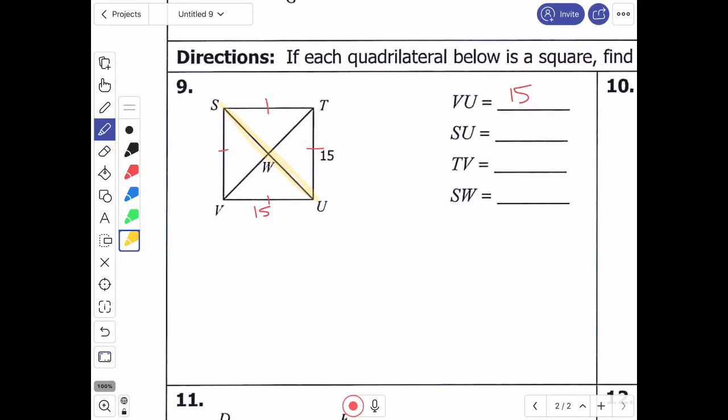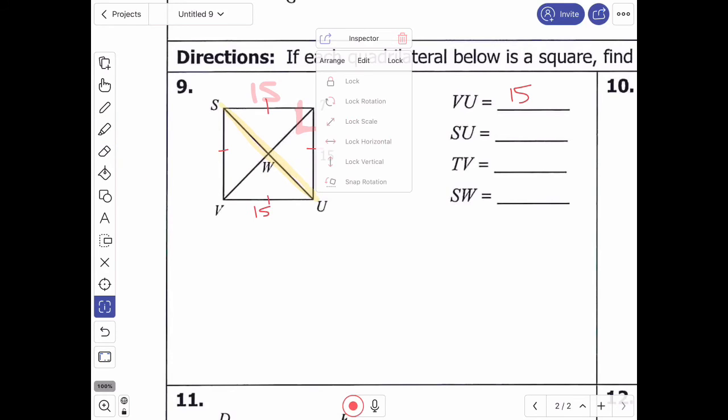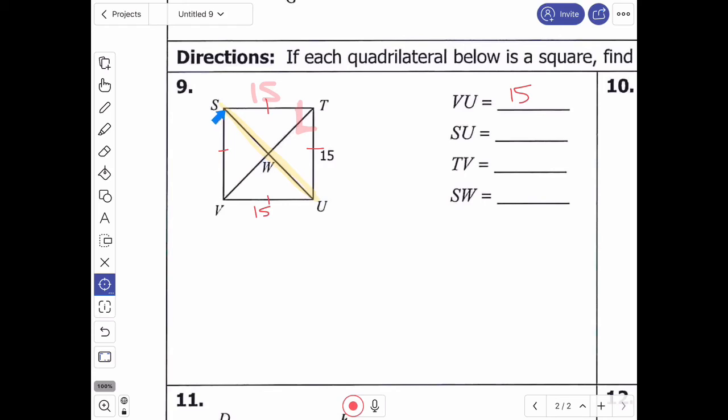I'm going to actually use some Pythagorean theorem because what I have is two sides and I don't know what my hypotenuse is, because if this is my right angle, that yellow diagonal would be my C, or my hypotenuse. So I'm going to take 15 squared plus 15 squared equals x squared, or this SU side.